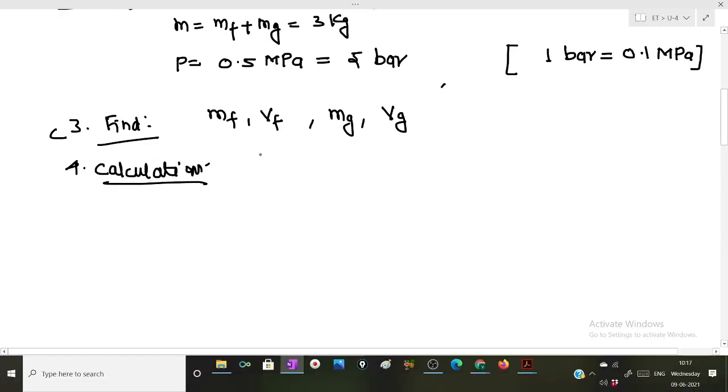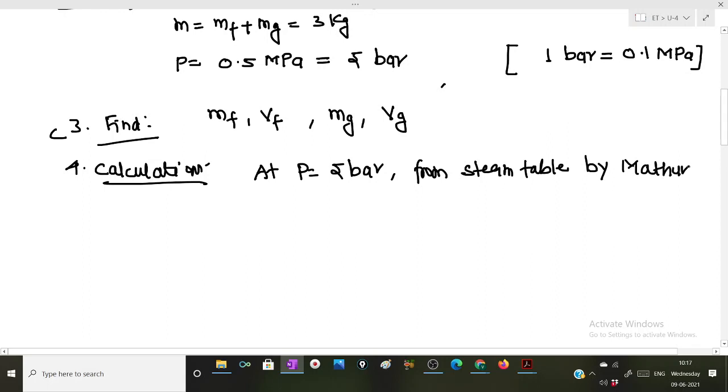Now, in order to do the calculations, first at P equal to 5 bar, from steam table, I am using Mathur and Mehta, obtaining properties.